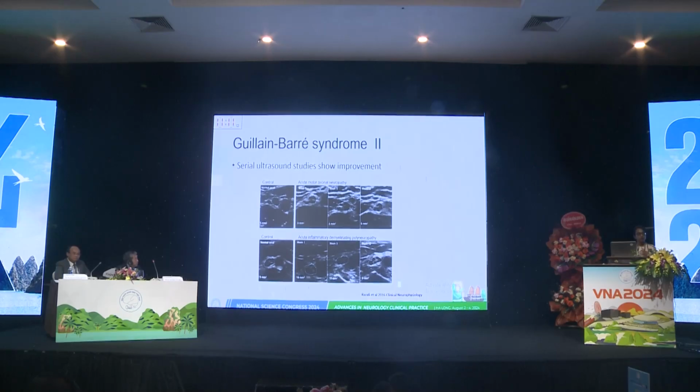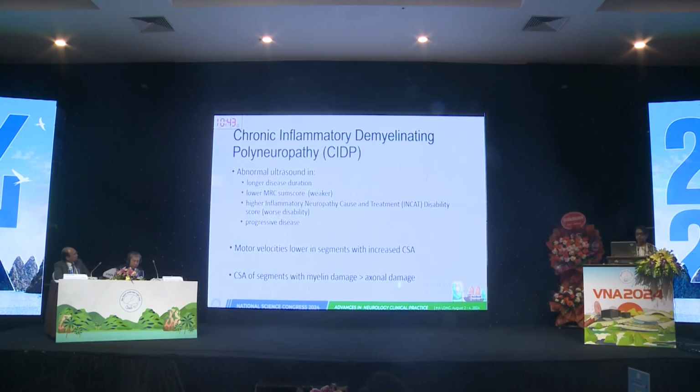So you can use it to see whether there's improvement in terms of the inflammation. Sometimes that can help in giving the prognosis. How well is the patient going to do? We know that we don't give a second IVIG in GBS, but at least you can inform the patient and get rehab involved much more quickly.